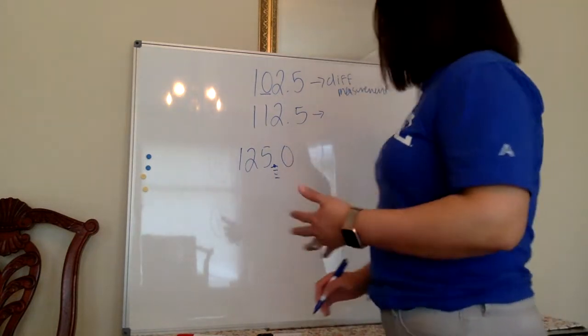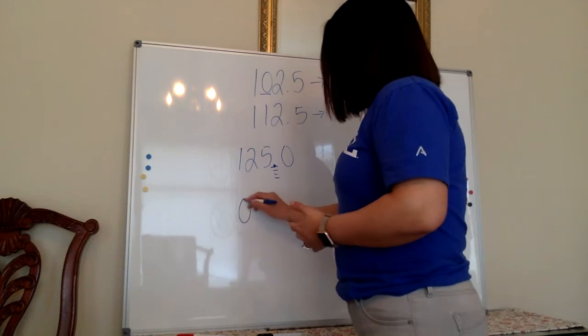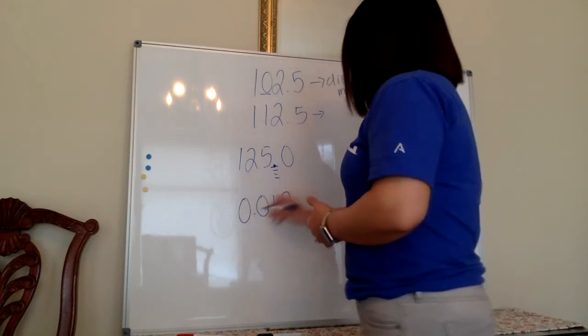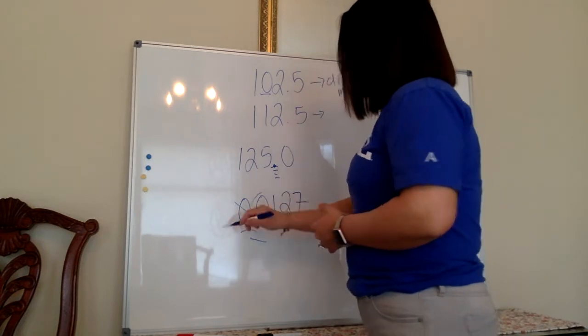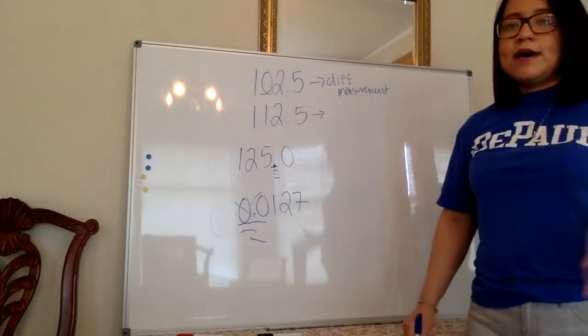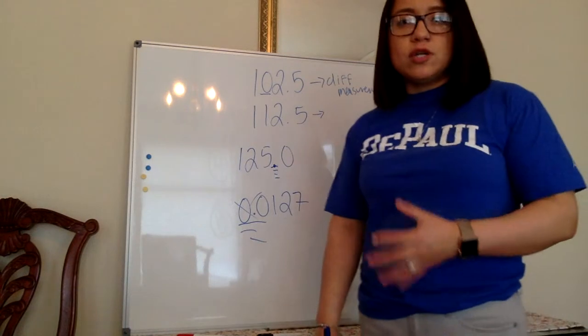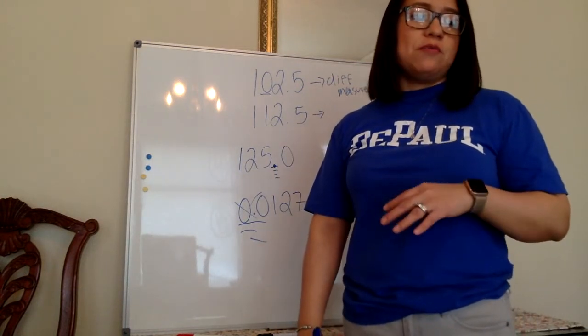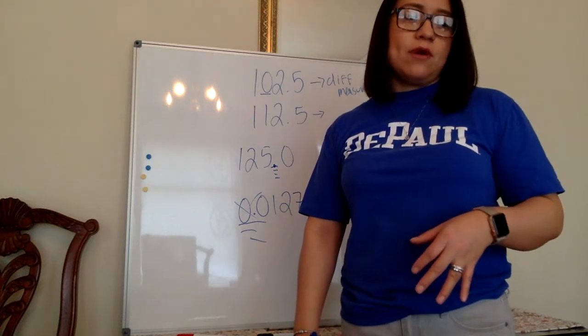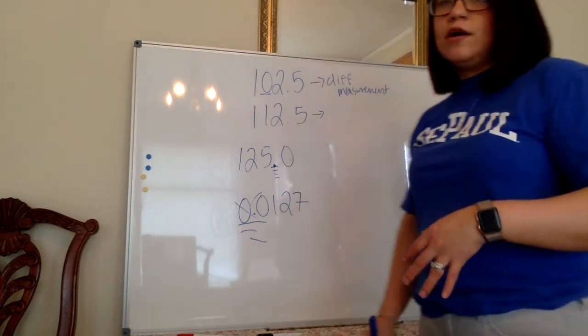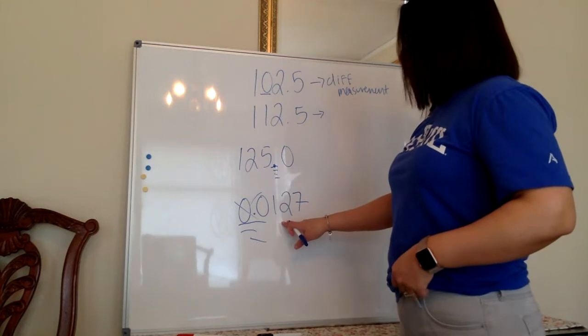And last but not least, what is a leading zero? A leading zero is something like this: 0.0127. These are called leading zeros. These are never significant. Now, not significant does not mean you shouldn't write them down. It just means that they don't really affect the position; they more affect the magnitude of this 0.0127.